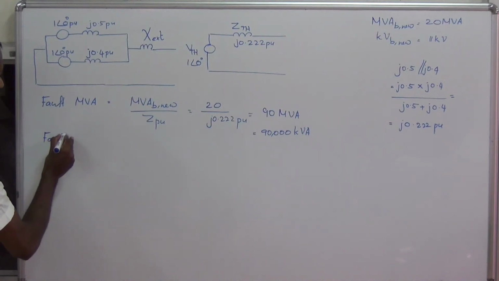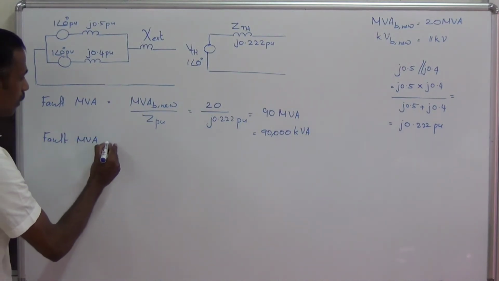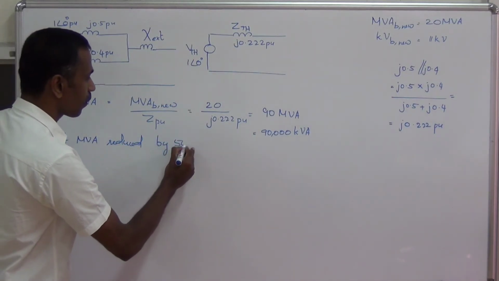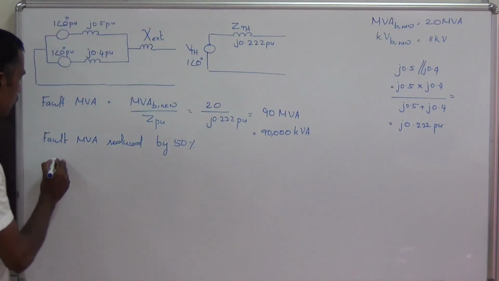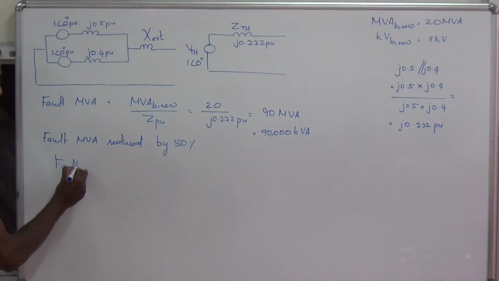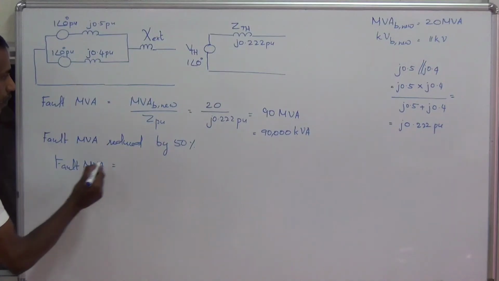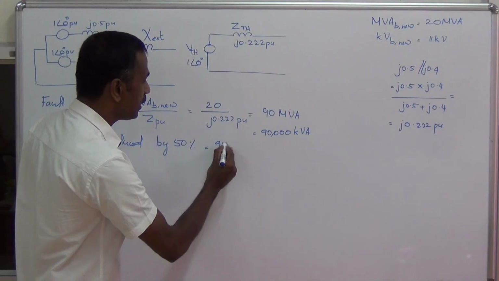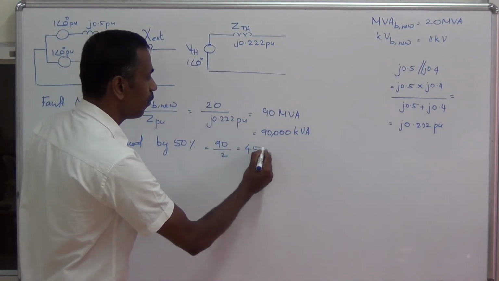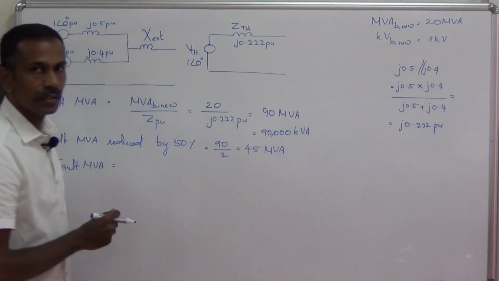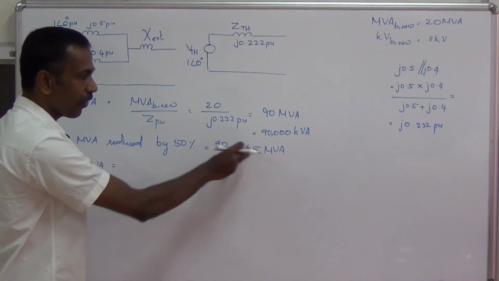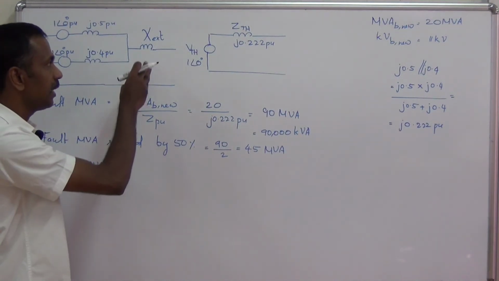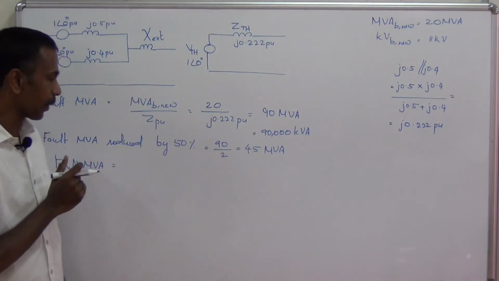So the fault MVA reduced by 50%: 50% fault MVA means 90 divided by 2, this is 45 MVA. So in order to limit the fault MVA at 45, what should be the current limiting reactance included in the feeder circuit?